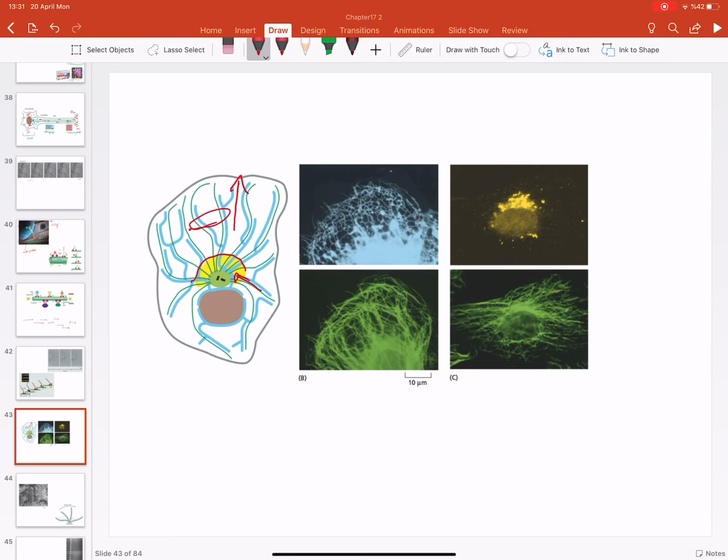Of course, again, this is reversible as the microtubule is taken back. If the microtubule is recovered, they are also going to take them back to their original positions. So the Golgi will come back to the middle of the cell, somewhere middle, and the ER will go back to its original position, a little bit far from the nucleus. And this is with the help of kinesin and dynein motor proteins.